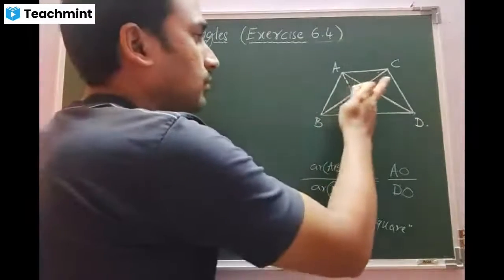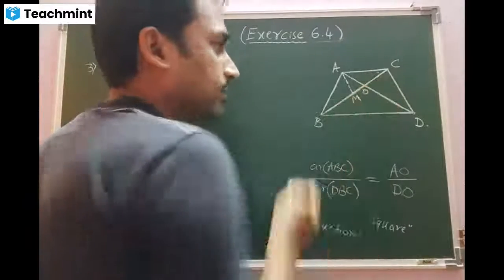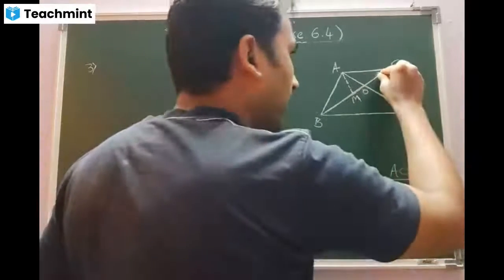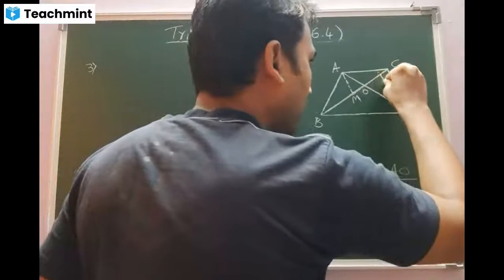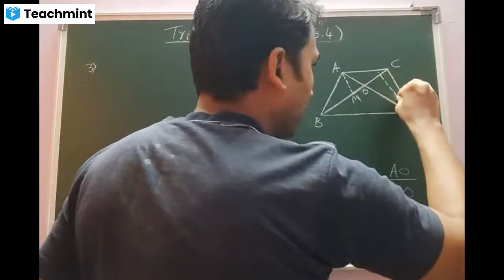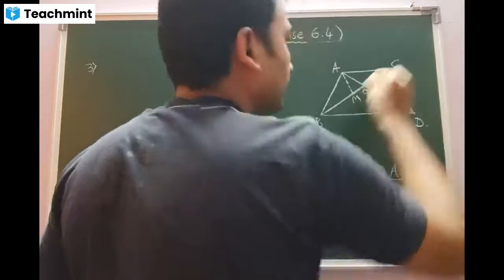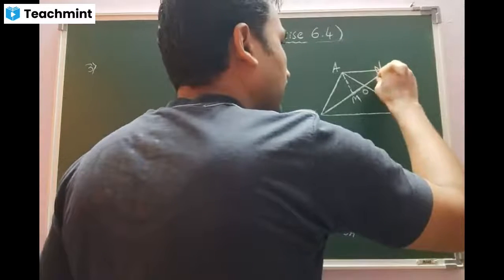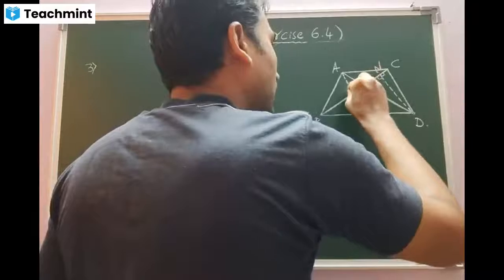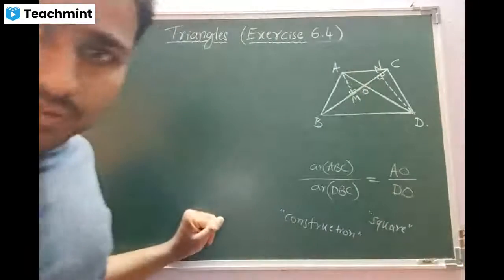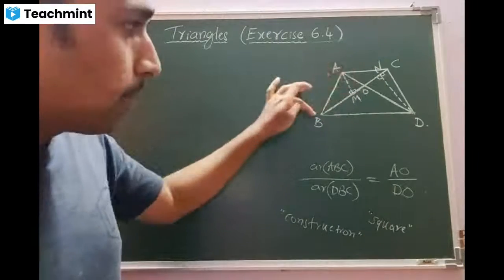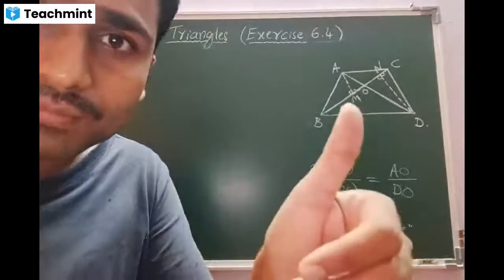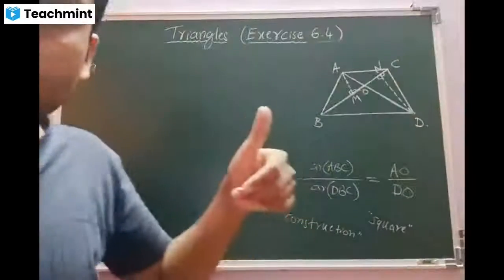In the same manner, concentrate on the vertex D, drop a perpendicular to the same base BC, that is the common base. Is that clear, beta? Call it as DN. This construction is must. AM perpendicular BC, DN perpendicular BC. Is that clear, beta? Yes, sir.